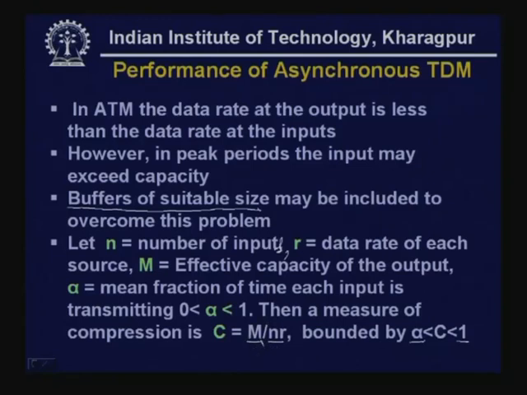That will definitely depend on the value of alpha and also n and r. So, the performance of synchronous time division multiplexing can be decided based on the statistical phenomenon, that means the mean fraction of time each input is transmitting, and also we can add buffers to improve the performance.